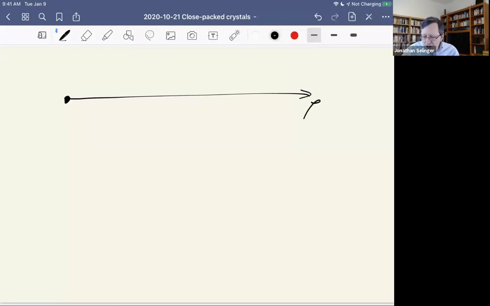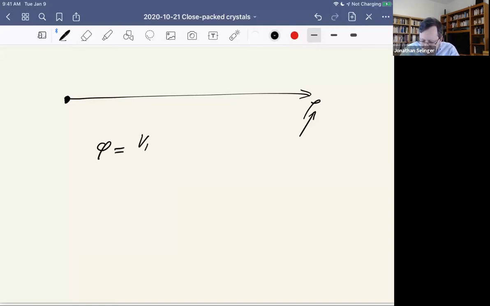Well, I could use density, but instead of using density, what people usually do is think about packing fraction as the axis here.